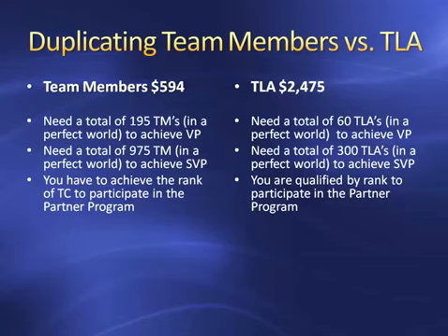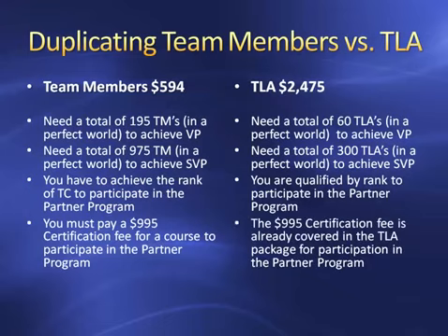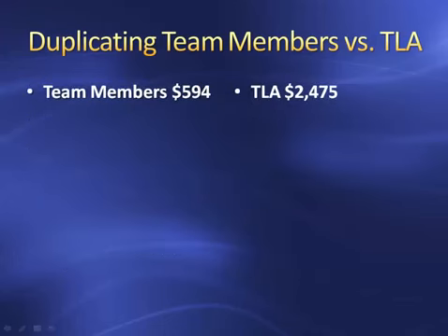No need to advance to team coordinator. As a team member, you need to pay a $995 certification fee for a course to participate in the partner program. If you came in on the TLA side, the $995 certification fee is already covered in the TLA package for participation in the partner program.